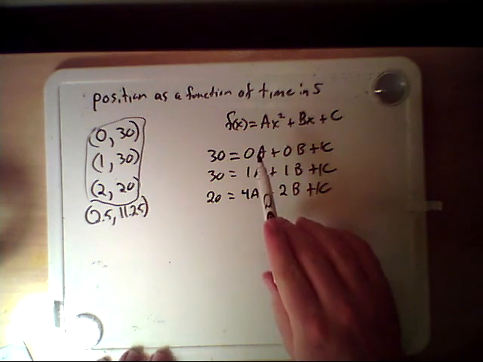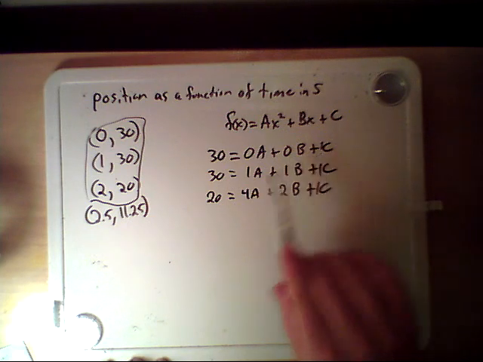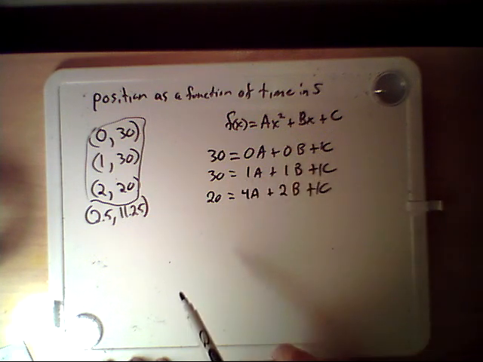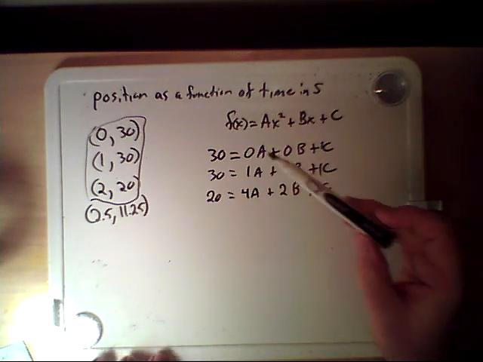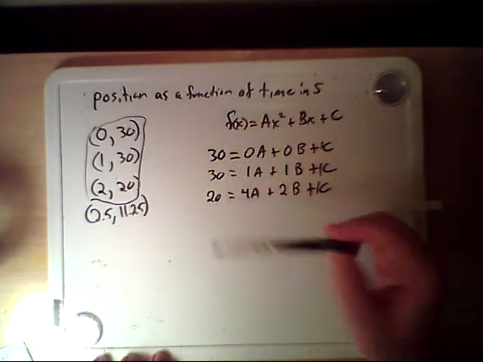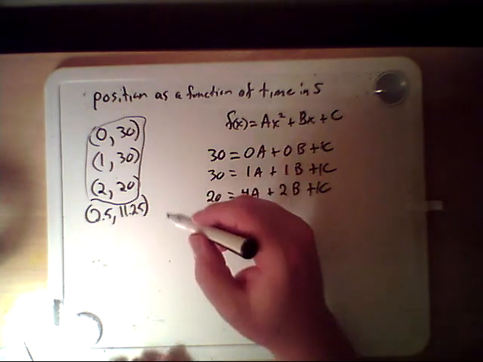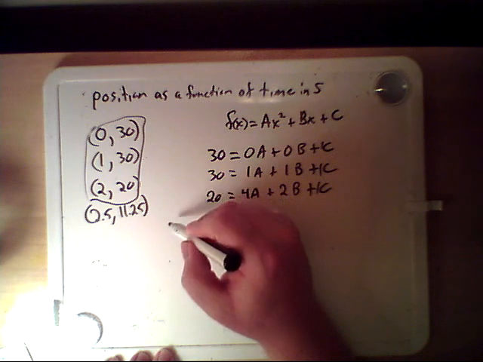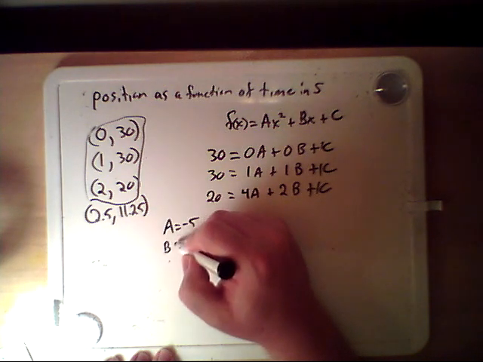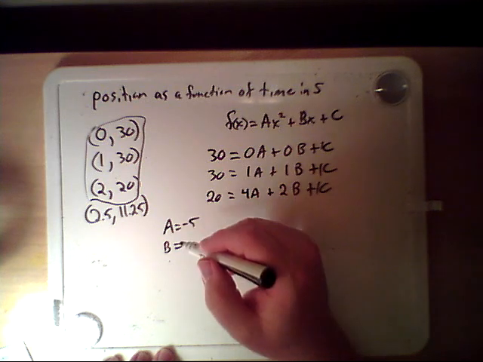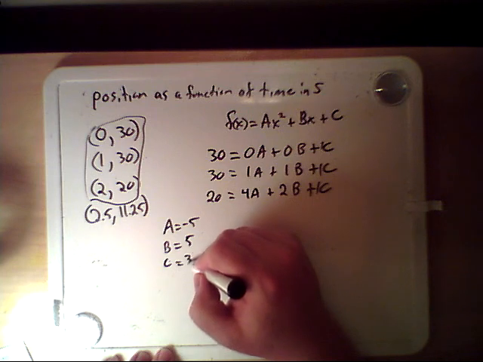All right, so let's punch these into our matrix here. We're going to punch 0, 0, 1 into the first row, then 1, 1, 1 into the second row, then 4, 2, 1 into the third row. We're going to give it a result of 30, 30, and 20. And what's going to end up spitting out is a = -5, b = 5, and c = 30.